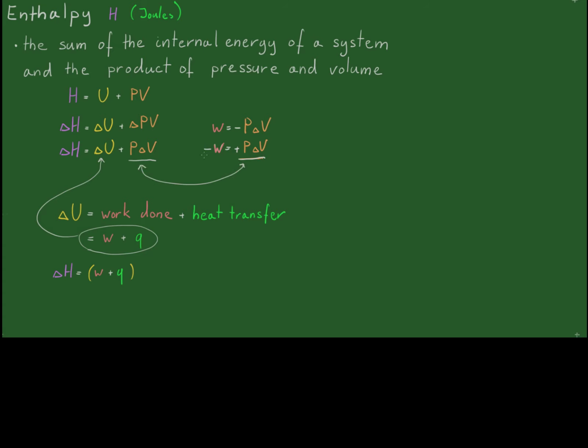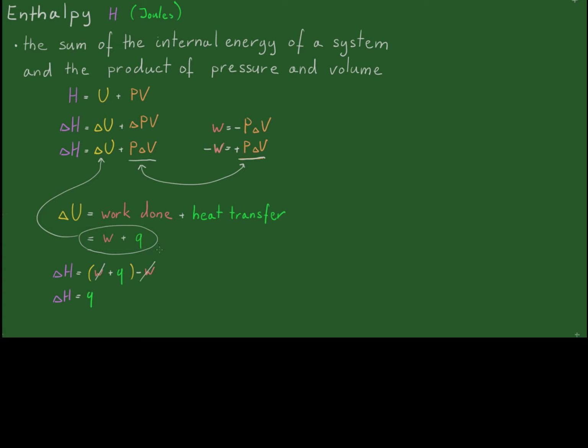And I can substitute this negative W for P delta V down here. So now we have minus W. If I solve for enthalpy or change in enthalpy, I will get that delta H equals Q, because this work and this work will cancel.